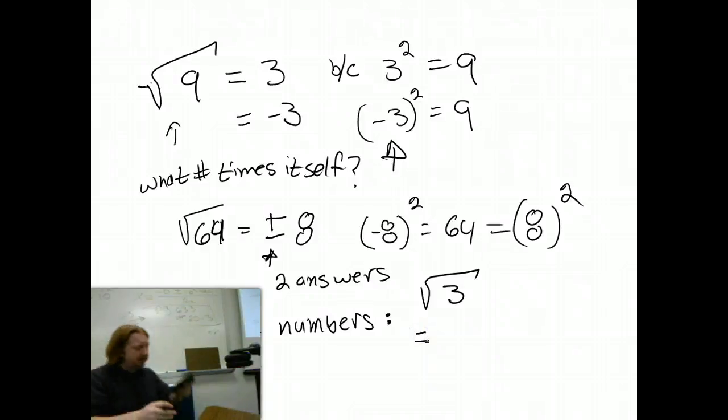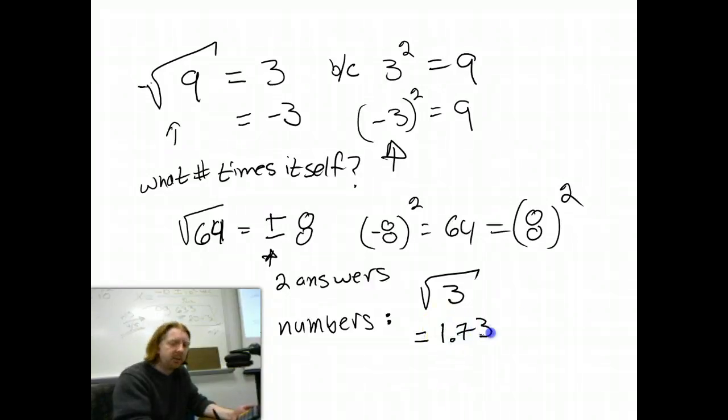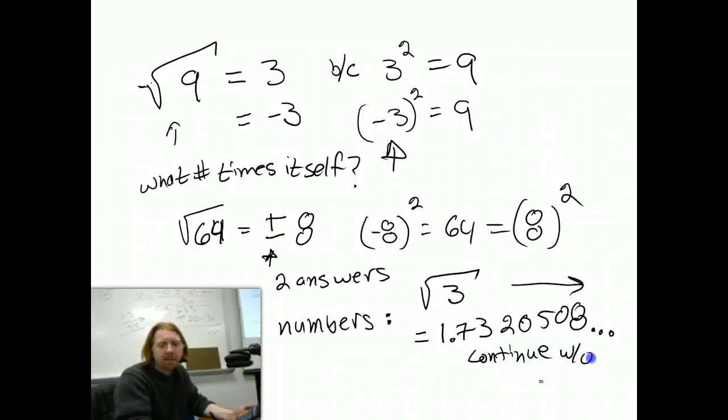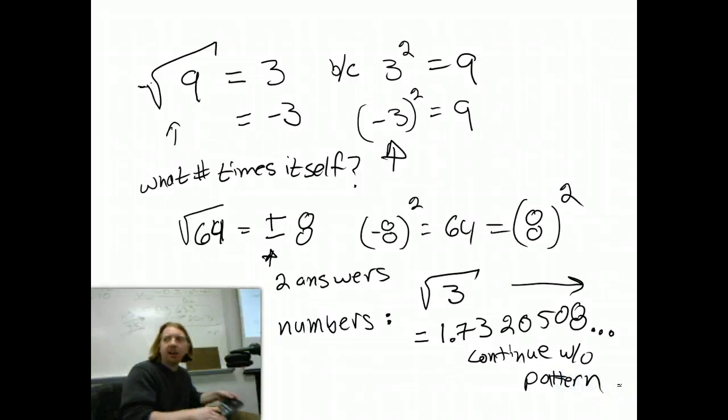If I take my handy-dandy calculator and ask what the square root of 3 is, it kicks out 1.7320508, and this is going to continue without pattern or repetition. There's nothing pretty that follows that. So we call that an irrational number because I can't break it down as a fraction.